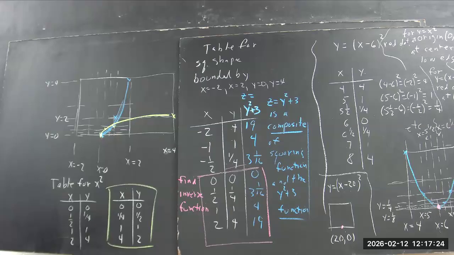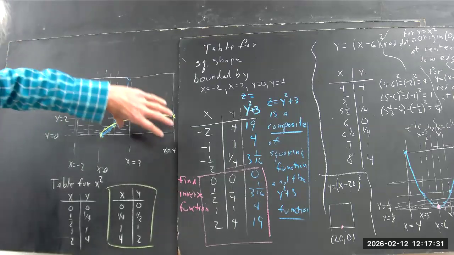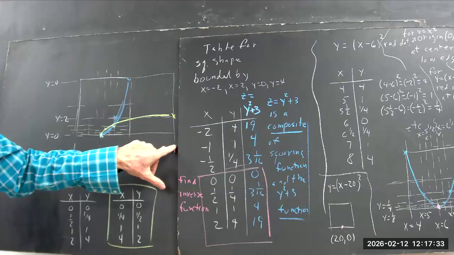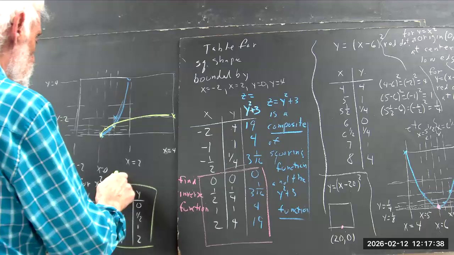Does that make sense? I just swap my x's and y's. So what happens is this shape gets kind of flipped over and then rotated down here. Okay. This is the inverse function.